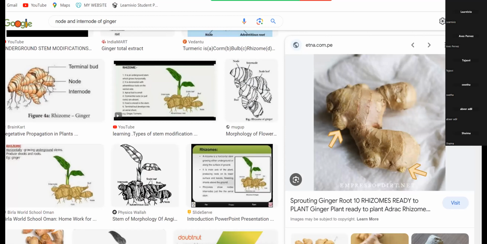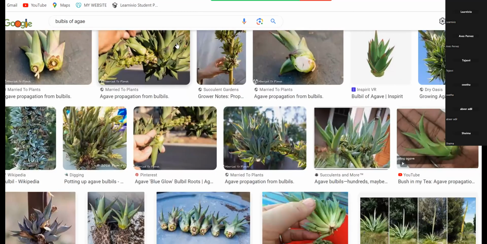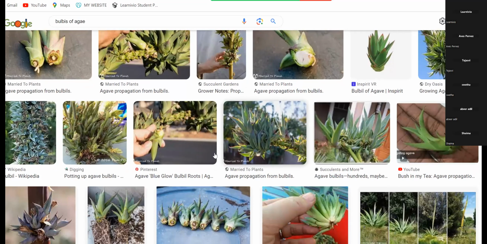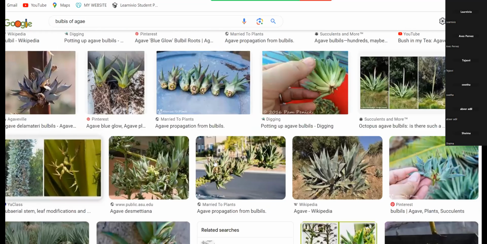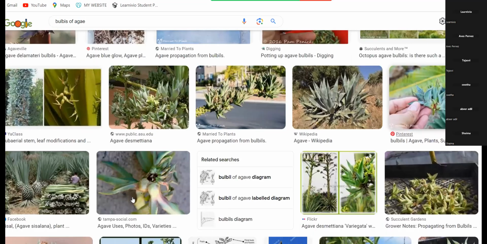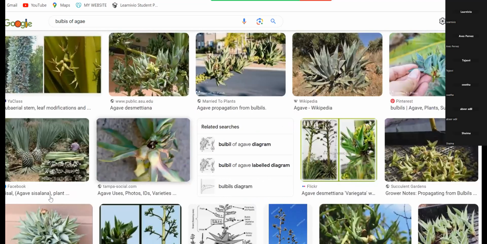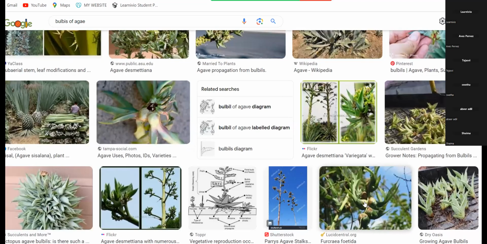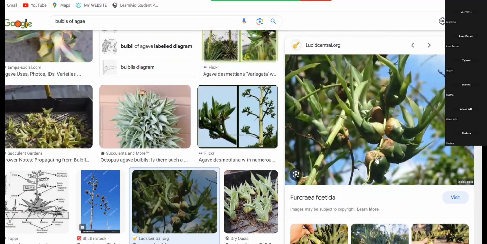You can check that this is the agave plant, and these are the bulb-like structures. Different plants have different types of structures with this capability. When these fall from the plant, they can give rise to new plants.